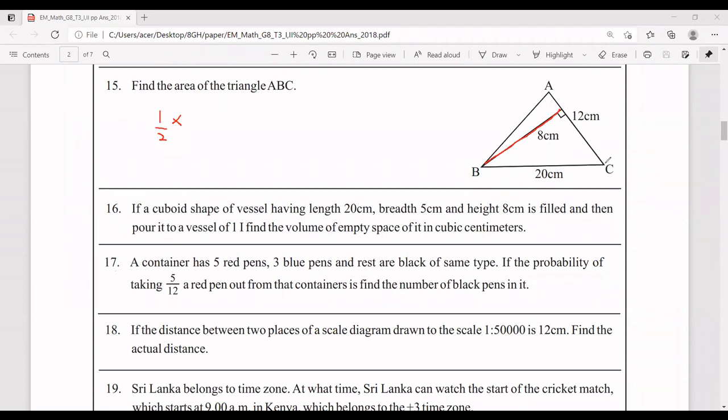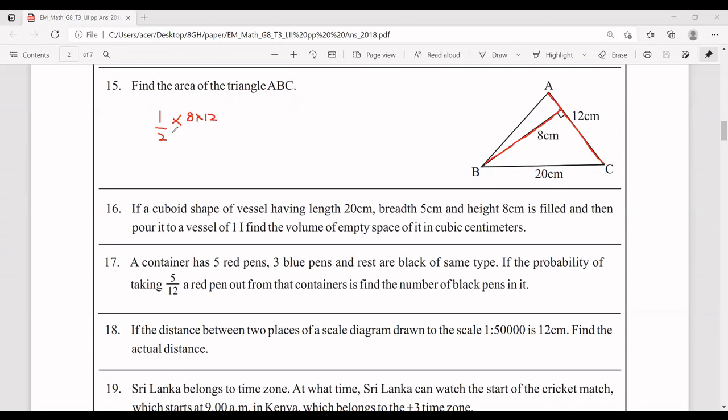So, don't multiply 8 by 20. You have to multiply 8 by 12. If you write 8 into 12, that is correct. If you write 12 into 8, that is also correct. Don't think about the order.